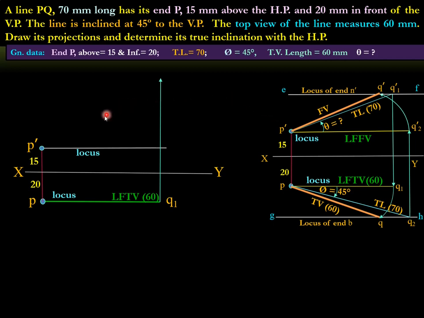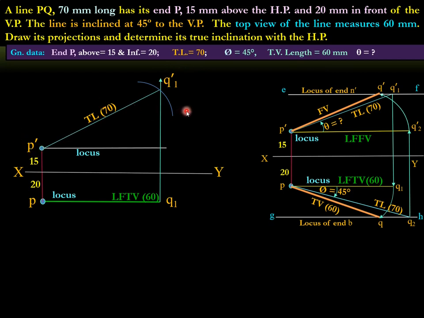Apply the same thing on the solution diagram: with p dash as center, 70 mm as radius, cut an arc on the vertical line which comes from the point q1. Name the point of intersection as q1 dash. Join the intersection point q1 dash with the front view point p dash.